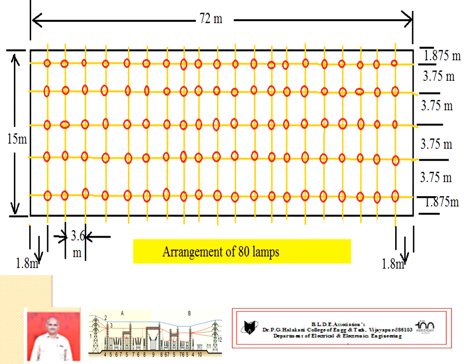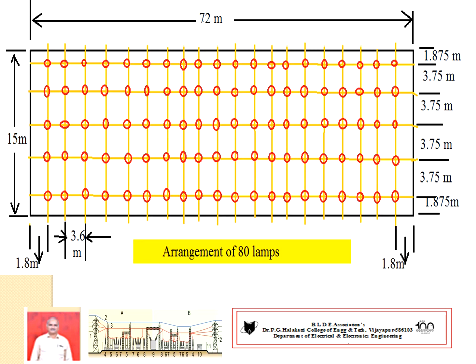Now you can see the plan for the arrangement of 80 lamps. Lengthwise 72 meter, widthwise 15 meter. First you draw the plan of your given room size. After that, 4 rows. In each row, 20 lamps are arranged with a spacing of 3.6 meter between adjacent lamps.